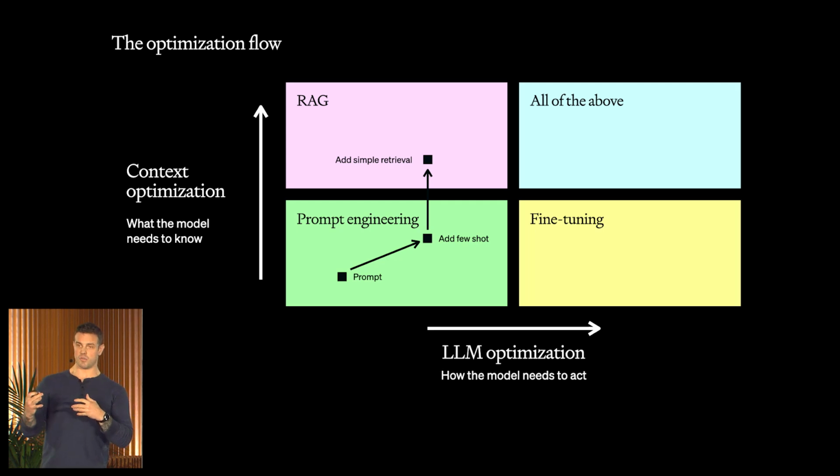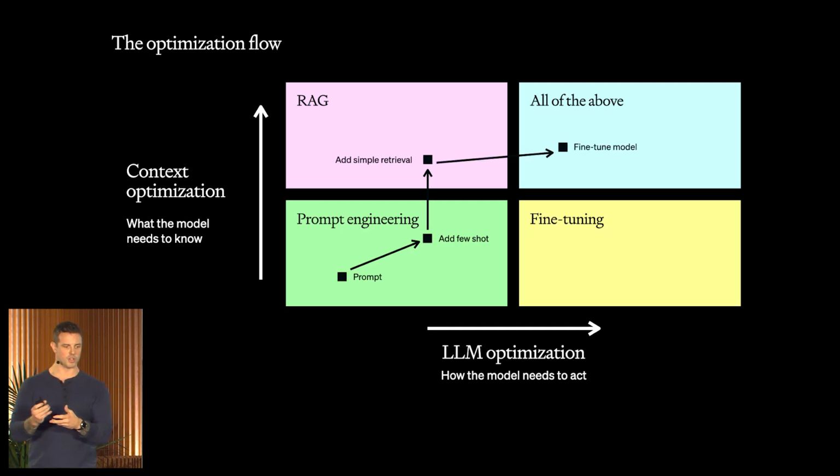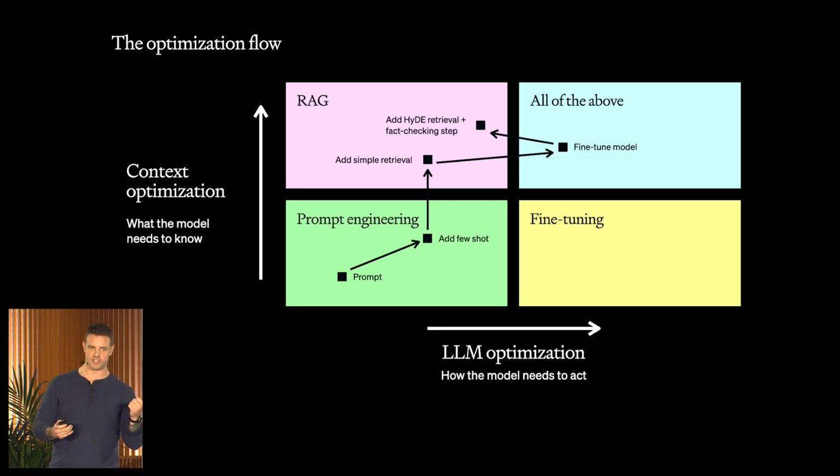Let's say that now, okay, it's now got context, but it's not producing the output in exactly the format or style that we want every time. So we might then fine-tune a model. Then a classic next step is then maybe the retrieval is not quite as good as you want it to be. Maybe that content could be more relevant to what the model needs. So you then go back and optimize the retrieval-augmented generation again.